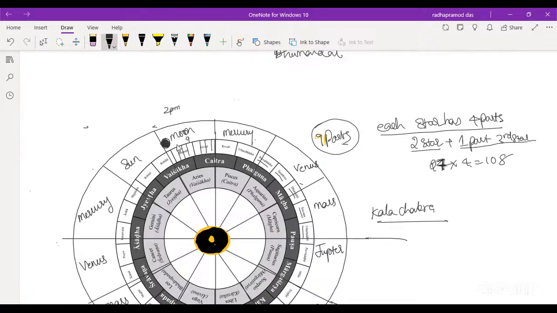For the next star, one part of the star is over, now we have three parts remaining of this, then four parts of this star, and two parts of this star. Like that, all the star sizes are divided.